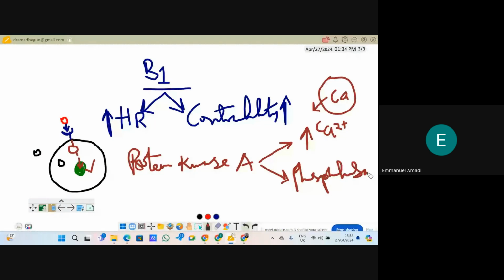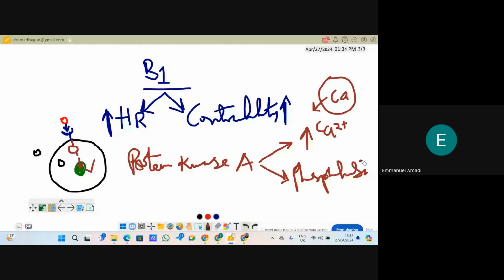Now, for those of you who did biochemistry with me in the free class, we said a kinase is an enzyme that adds a phosphate molecule to another substance. So protein kinase A is a kinase. It has the ability to phosphorylate phospholamban. Now, once it has phosphorylated phospholamban, the job of phospholamban is to activate what we call the calcium ATPase.